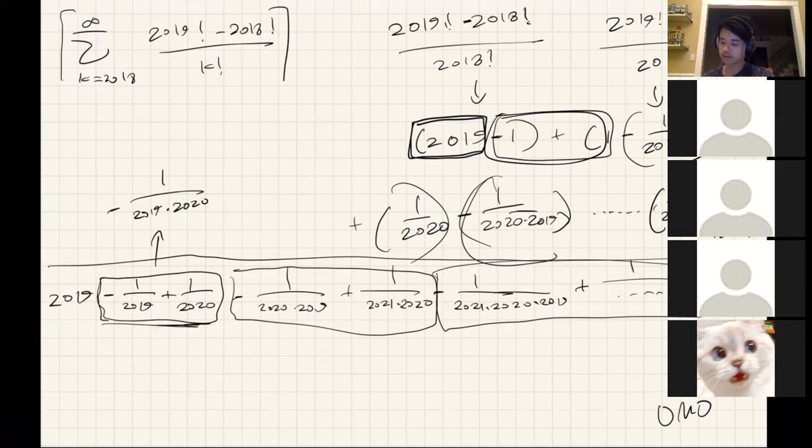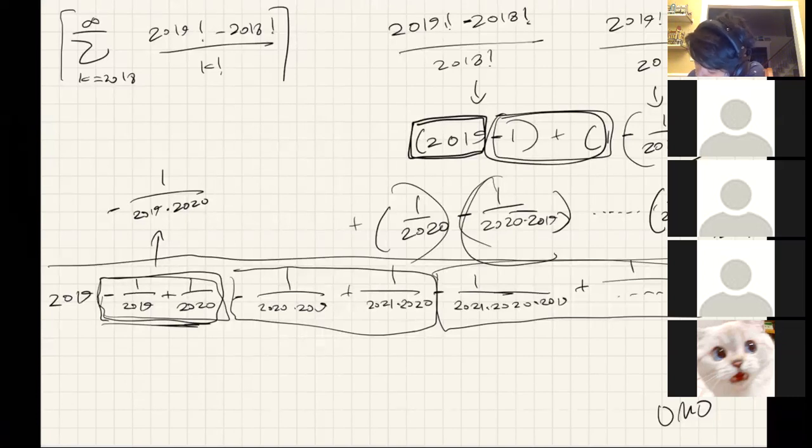Ultimately, all of these terms become very small very fast, so you're essentially subtracting these very small things from 2019.